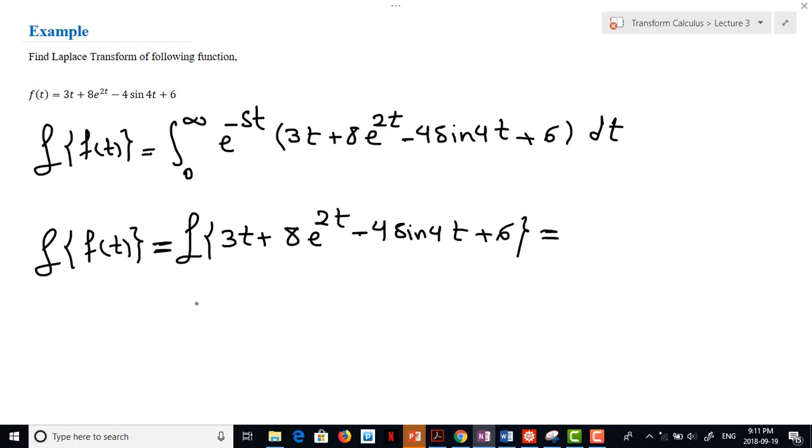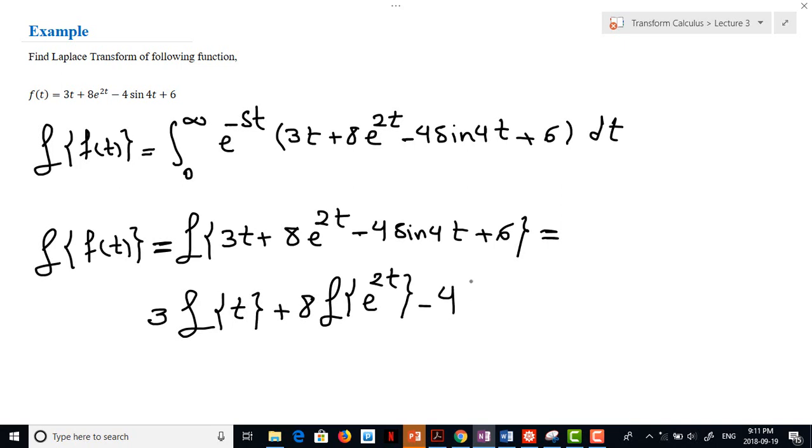Based on linearity of Laplace transform, we can say that it's equal to 3 times Laplace transform of t plus 8 times Laplace transform of e to the power of 2t minus 4 times Laplace transform of sine 4t plus 6 times Laplace transform of 1.